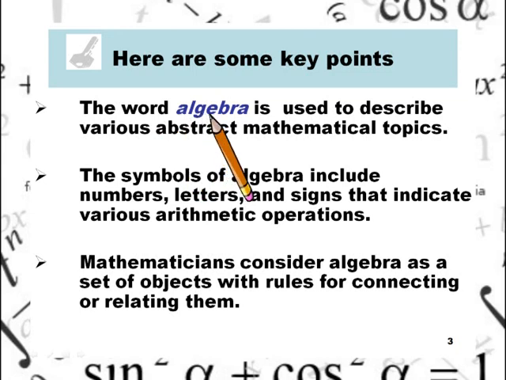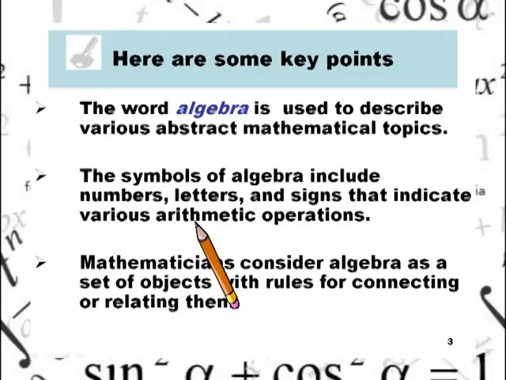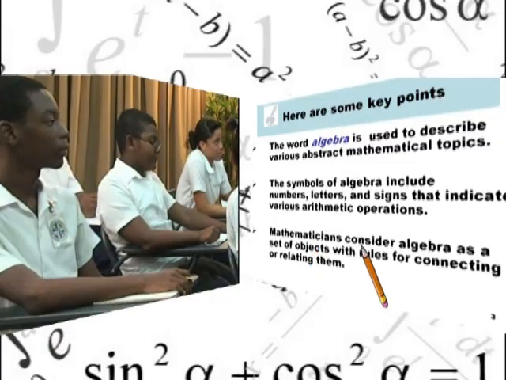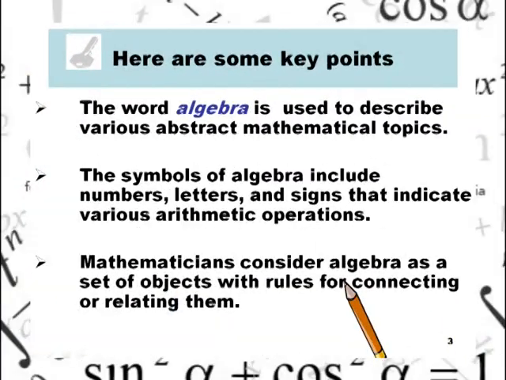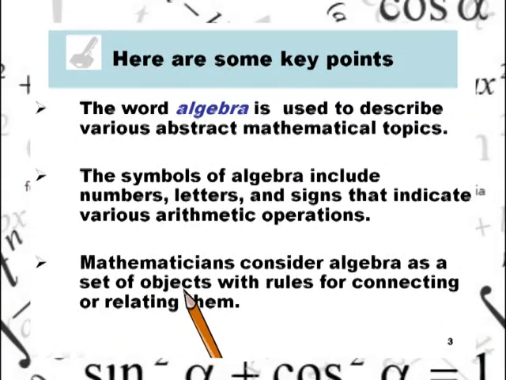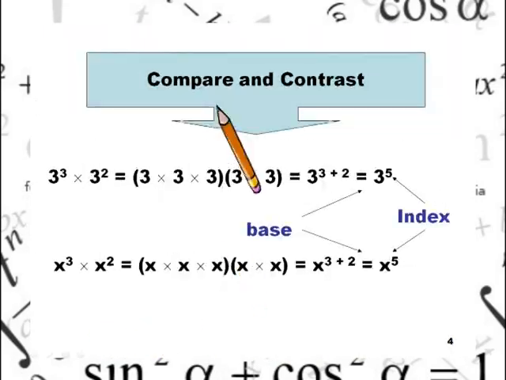The word algebra is used to describe various abstract mathematical topics. The symbols of algebra include numbers, letters, and signs that indicate various arithmetic operations. Mathematicians consider algebra as a set of objects with rules for connecting or relating them.